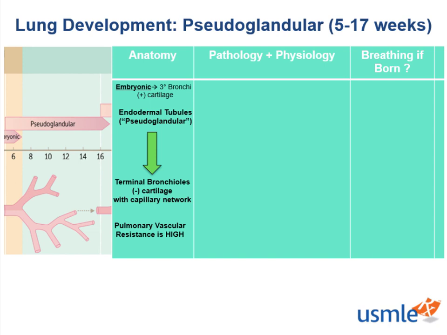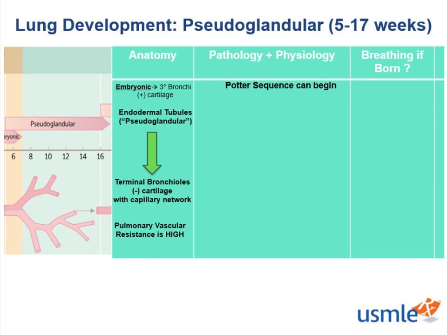To accomplish this, the lungs are filled with amniotic fluid, and they are also hypoxic in utero, leading to vasoconstriction. In terms of pathology, this stage can set in motion Potter sequence, which is a sequence of events that leads to pulmonary hypoplasia, meaning poor growth of the lungs.